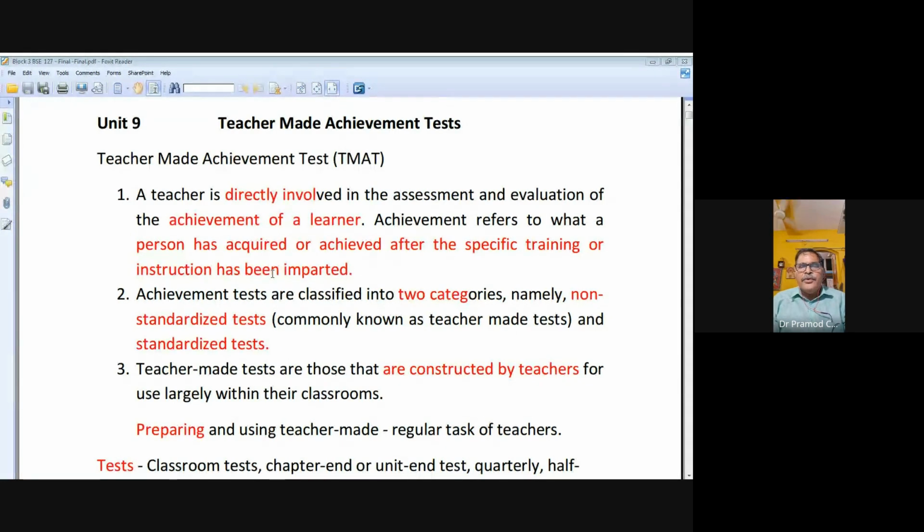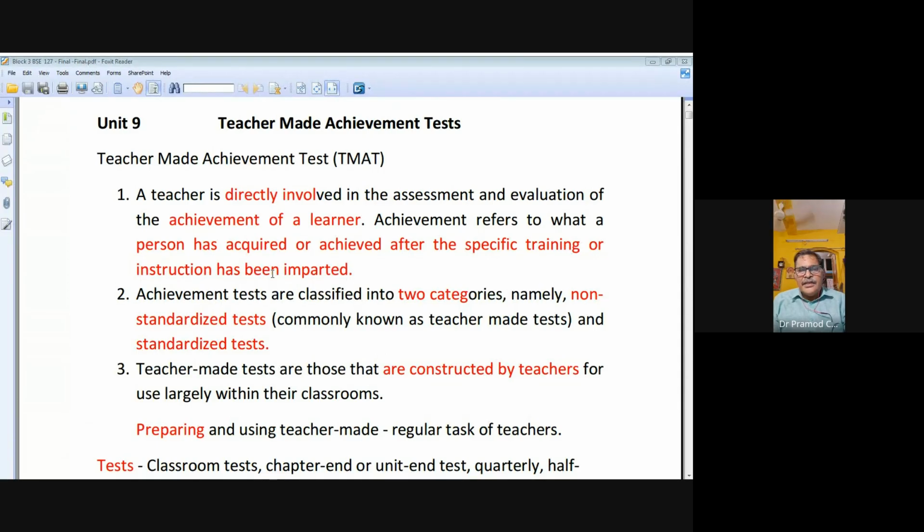My question is, who is to evaluate? Means the teacher will have to evaluate. So directly the teacher is linked with the assessment and evaluation procedure. The teacher will have to assess the achievement of the learner in a particular subject.